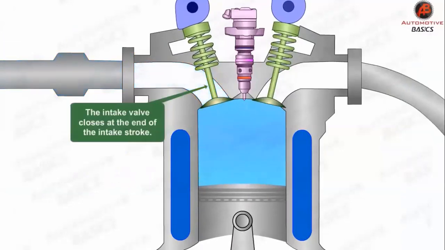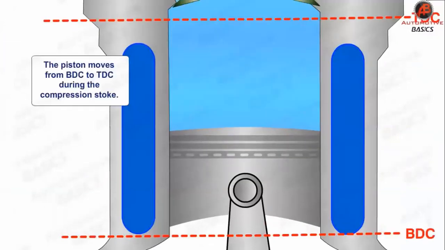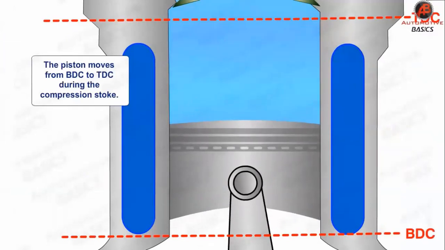As soon as the stroke is completed, the inlet valve is closed. Again, the piston moves in the upward direction. Compression of the fuel, that is the petrol and air mixture, takes place. All of you observe here. The piston moves upward.